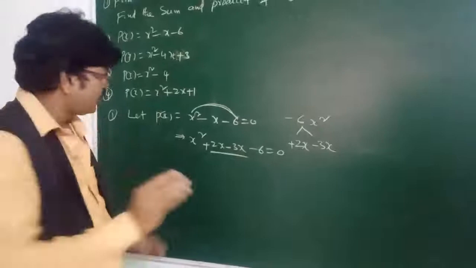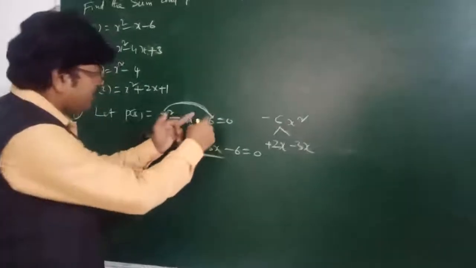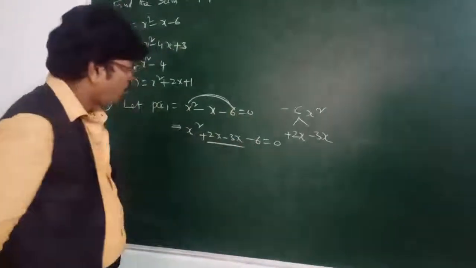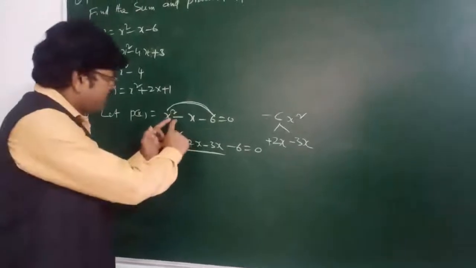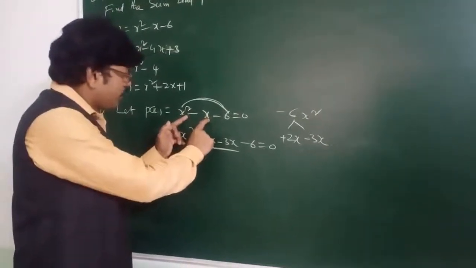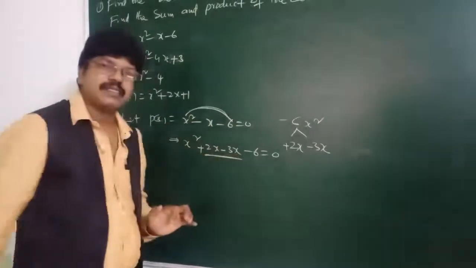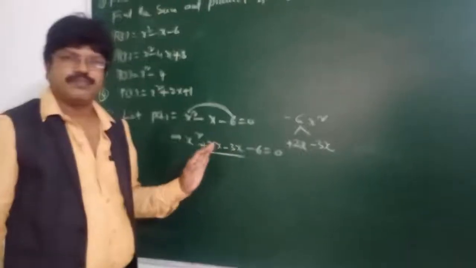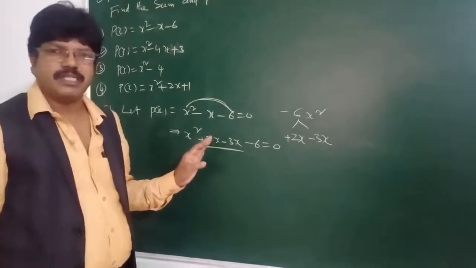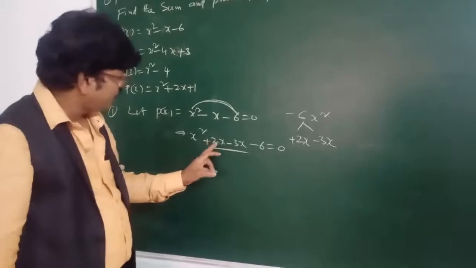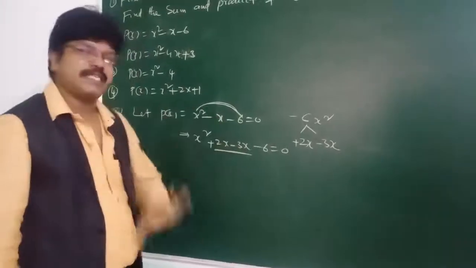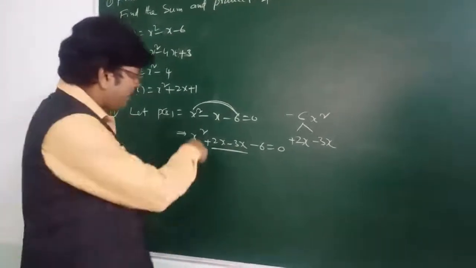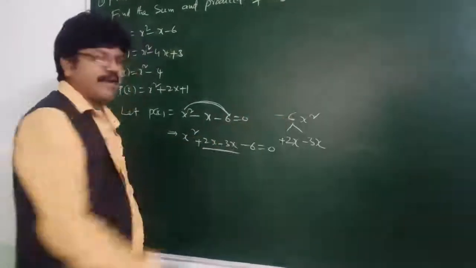We don't change x square or minus 6; we change only the middle term. Its value doesn't change. Plus 2x minus 3x, and multiplying these two gives minus 6x square.